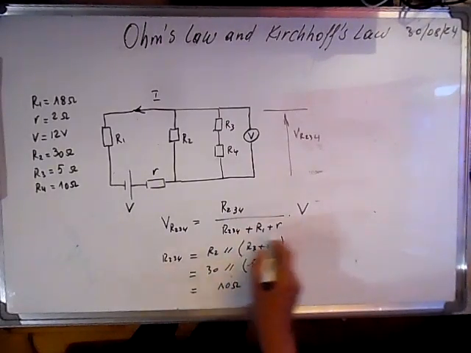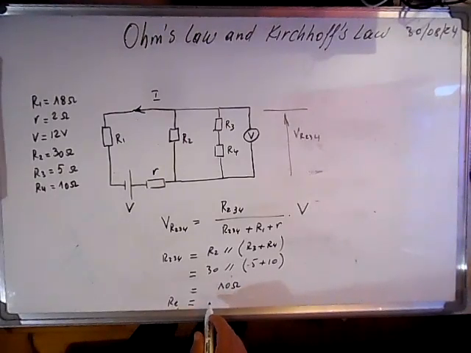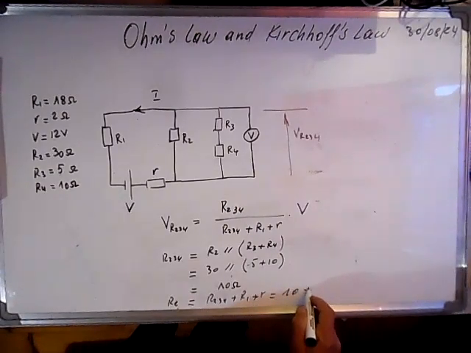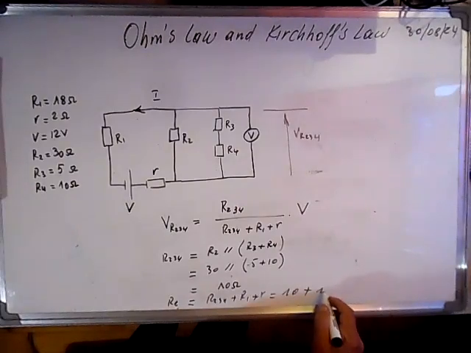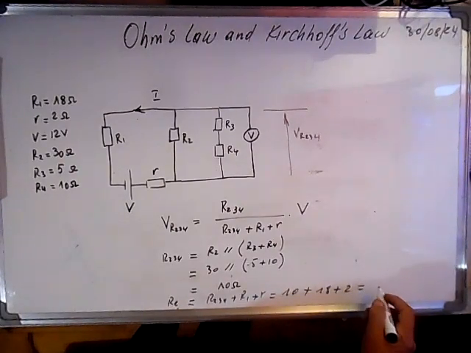Now let's calculate the denominator, which is the equivalent resistance of this circuit. It's R2,3,4 plus R1 plus R. It means it's 10 plus 18 plus 2, it's 30.